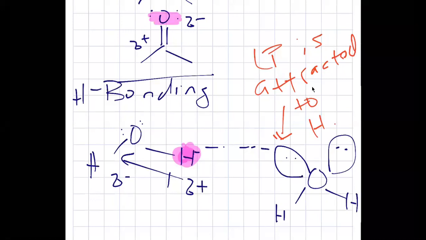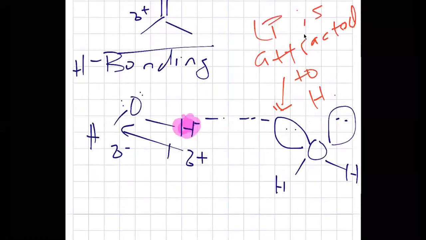And when you think about how strong hydrogen bonding is, the best example is DNA, because that's the intermolecular force that holds DNA together. How many of you have seen that double helix in DNA?